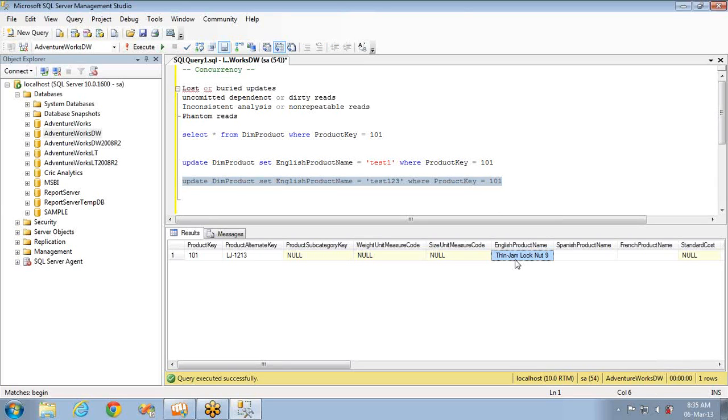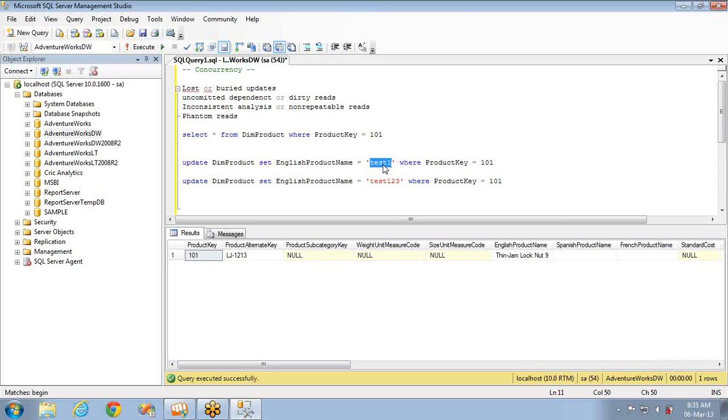So the problem here is the first change will be overwritten with the other guy's change. And once the first user executed and then tries to select the data, if he sees that the value is test 1, 2, 3 instead of test 1, that means he is not reading the exact data that he updated.